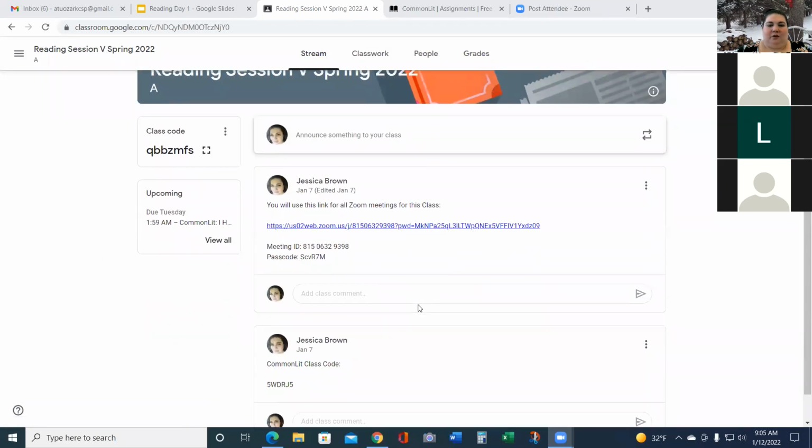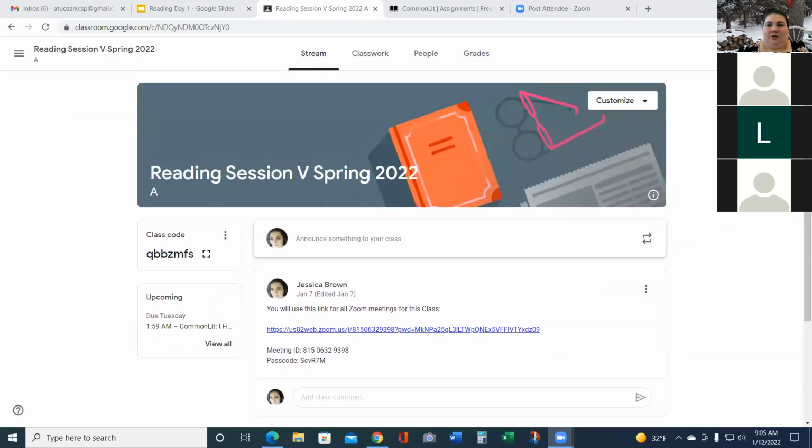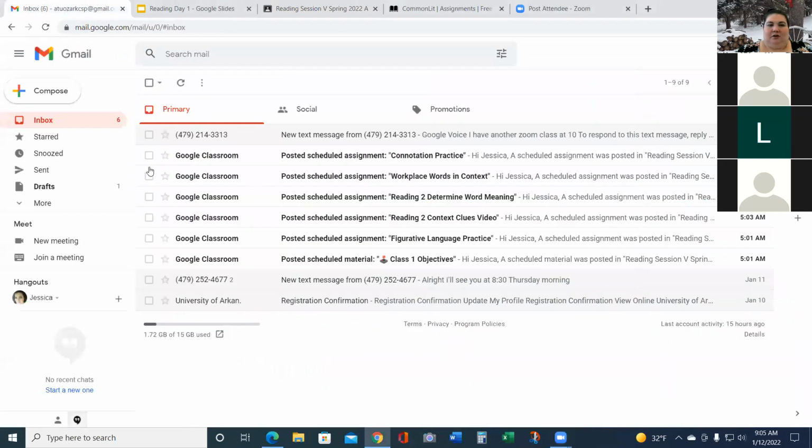If you're new to Google Classes, the easiest thing is when you're in your email, let me show you. If you're signed into your Google email and you look over here at this grid, this looks like little dots. I call it a grid.